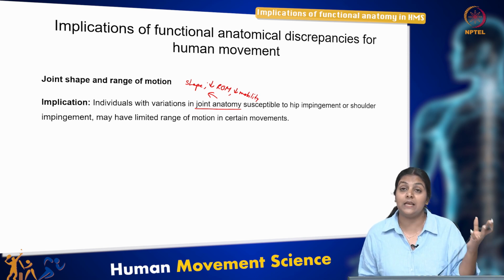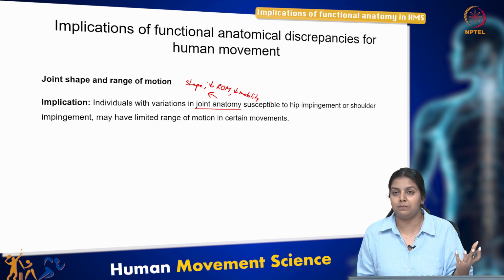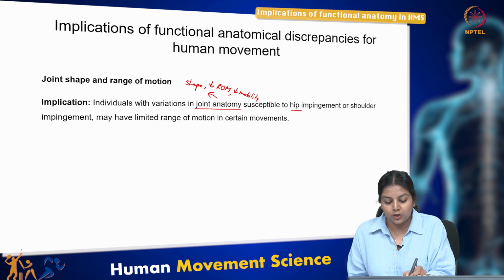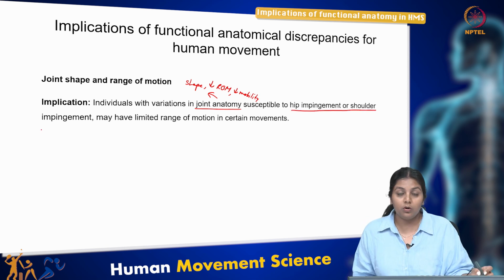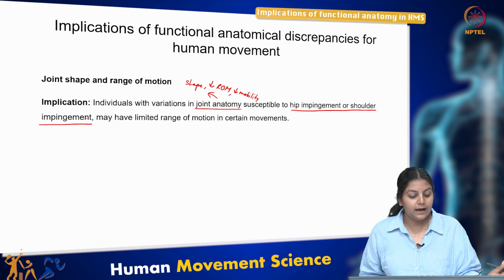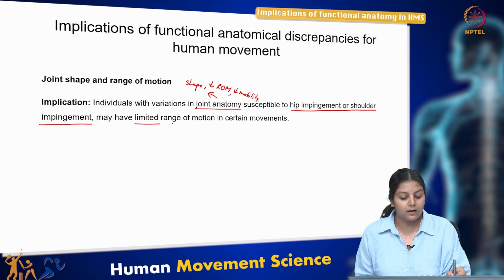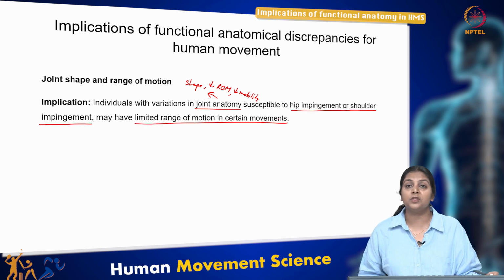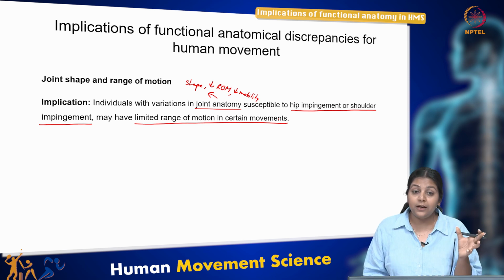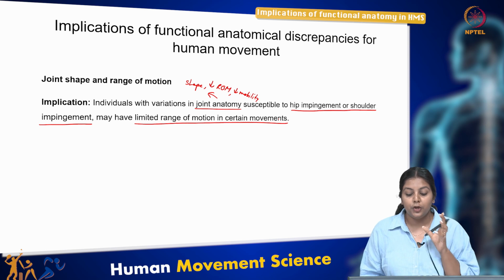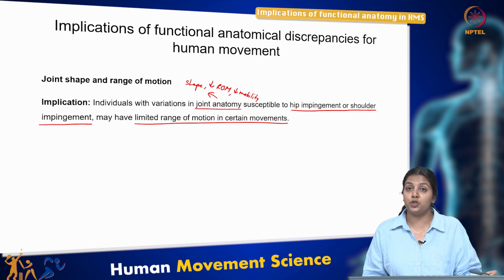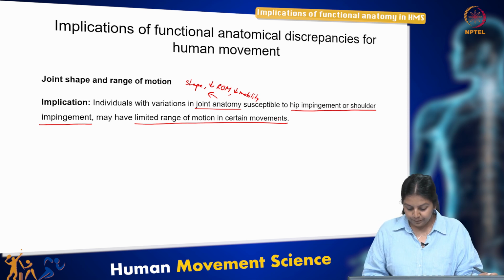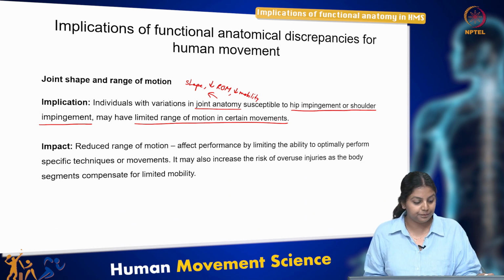You could be susceptible, or the athlete could be susceptible to hip impingement or shoulder impingement, right? And they may have limited range of motion in certain movements. So based on the design of your joint or the shape of your joint, if there are any discrepancies, you could have hip impingement or shoulder impingement like injuries due to limited range of motion.